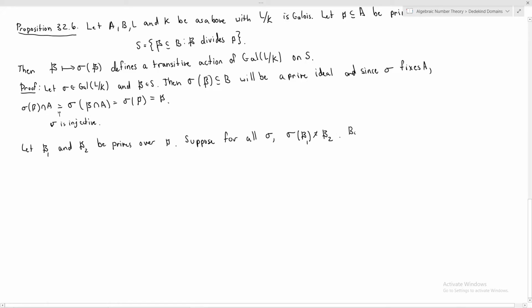By the Chinese remainder theorem, or by Sun's theorem, I can find an element beta with the following congruence conditions.